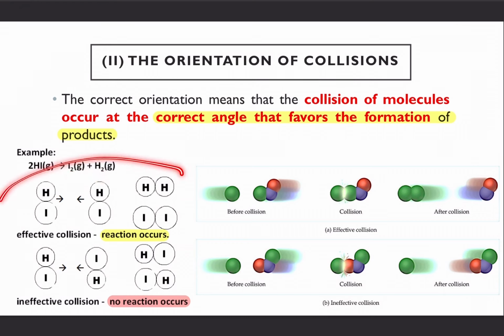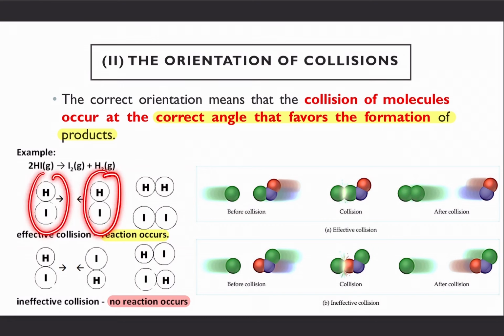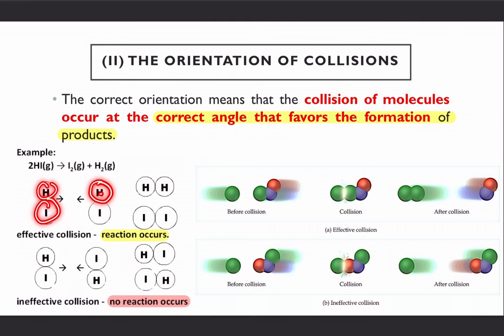On the top part here is a scenario where you get effective collision, so your reaction will occur. Why? Because your hydrogen iodide is positioned in this way, where your hydrogens are, let's say, at the top and your iodine is at the bottom, so that when they collide with each other, you will form your hydrogen gas and iodine gas molecules.